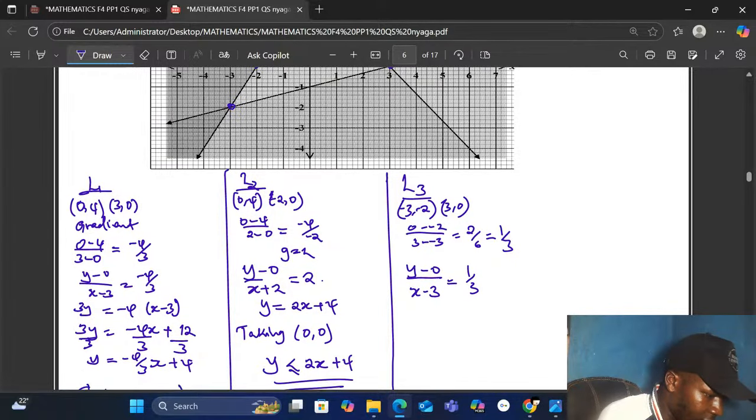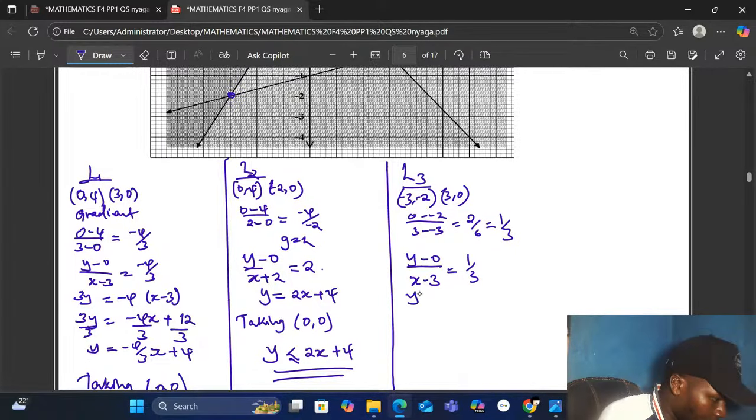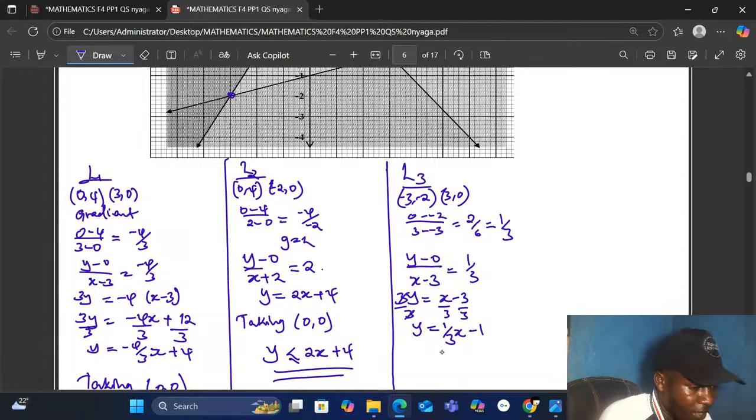So 3y is equal to x minus 3. Divide by 3, and our y is equal to a third x minus 1.